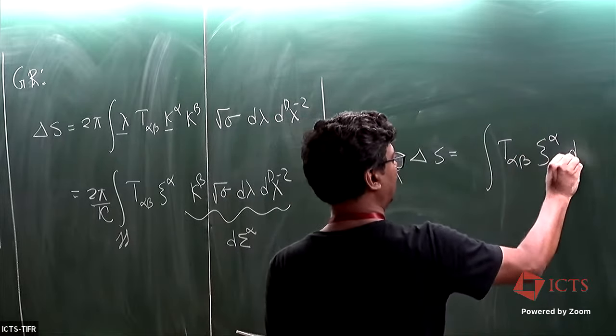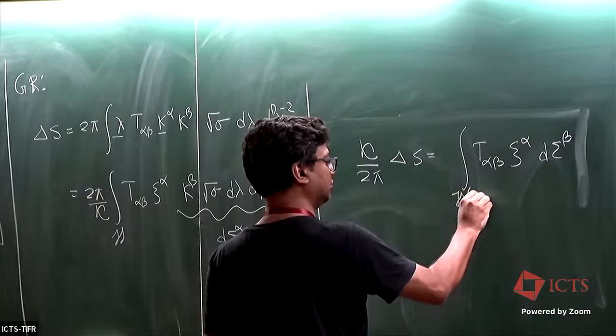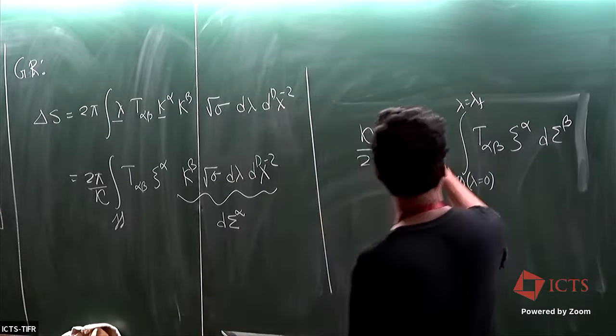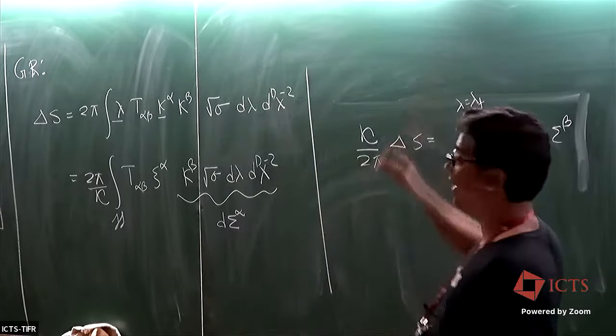Please understand this integration is on the horizon, between lambda equal to 0 and lambda equal to lambda f. Lambda f is the final cross section where everything is again stationary. This is what we call the integrated Herschen of the integrated physical process.